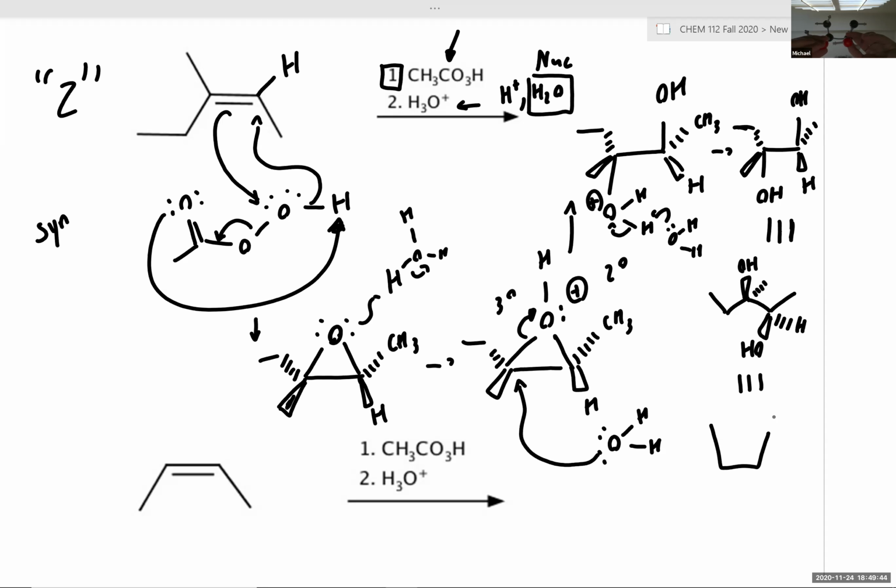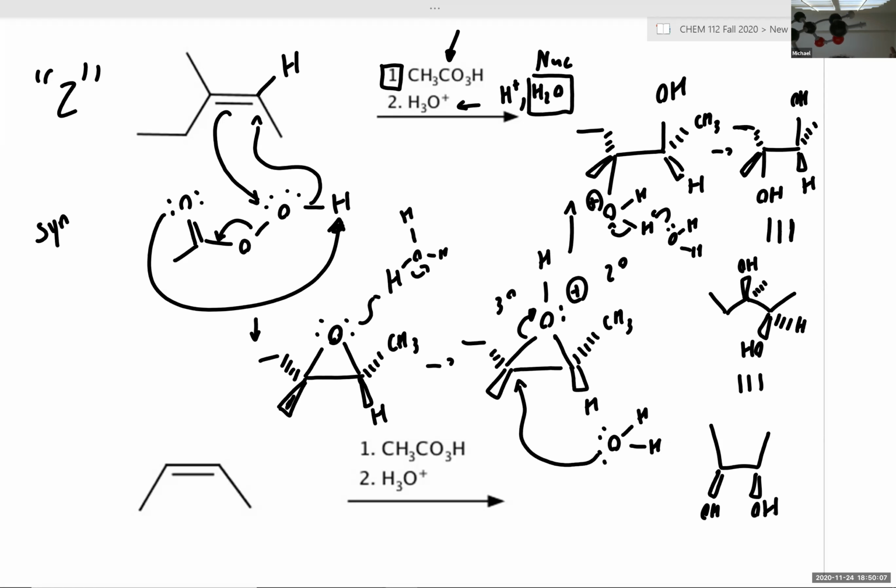Okay, now let's identify which groups are in the front and in the back. We see in both of these cases which 2 groups are in the front. Which 2 groups are in the front? The alcohols, yep. And which 2 groups are in the back?